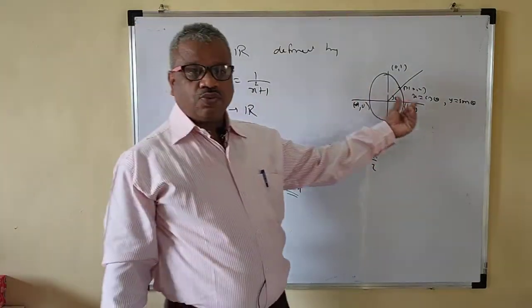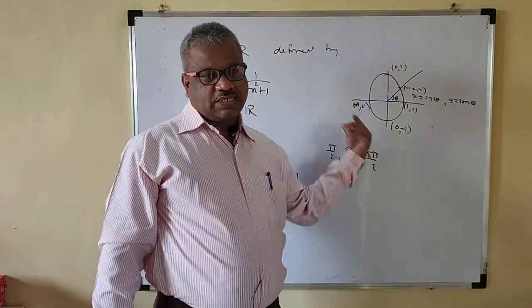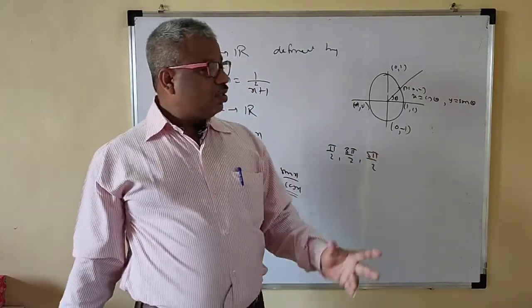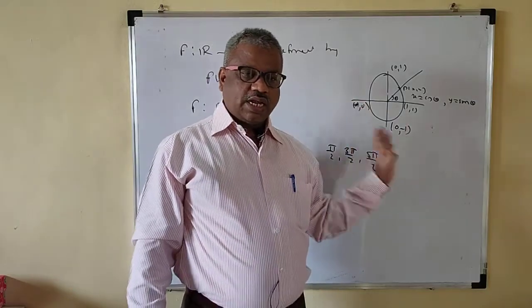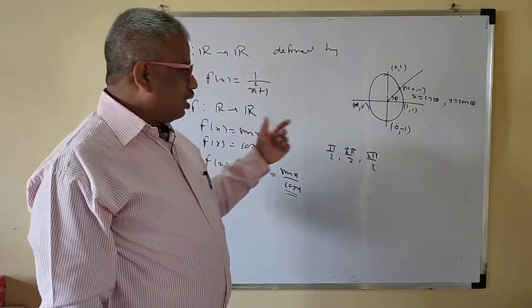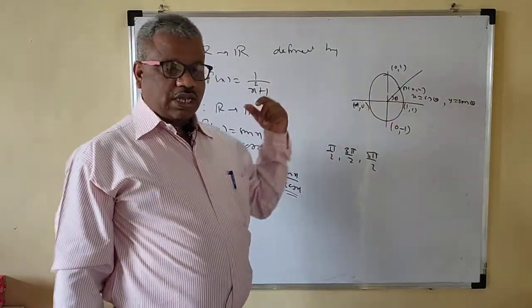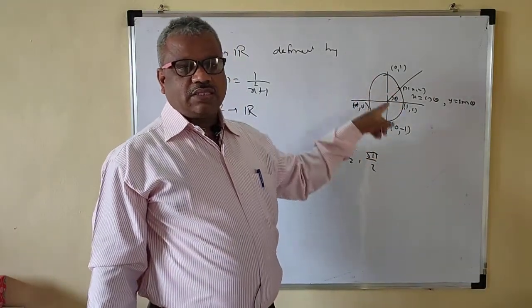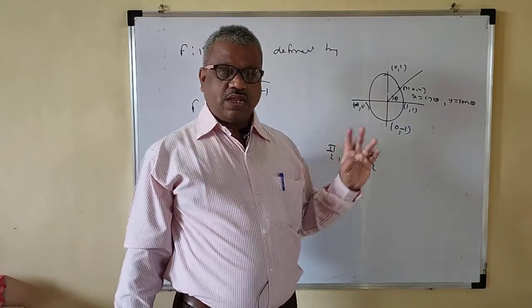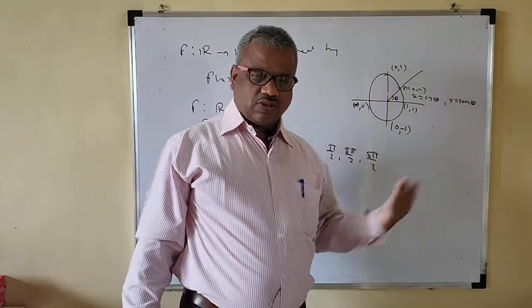So for an angle whose terminal arm is on the y-axis, the cosine of that angle is always 0. That means cos theta is always 0 if the terminal arm of angle theta is directly on the y-axis, positive or negative.